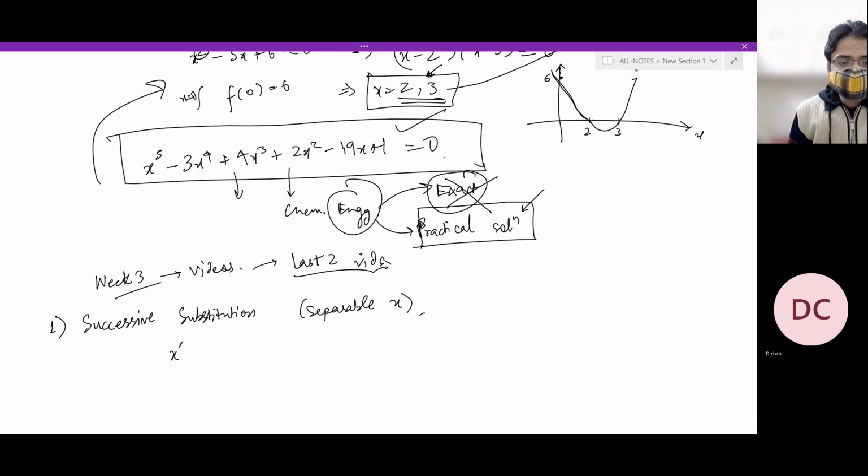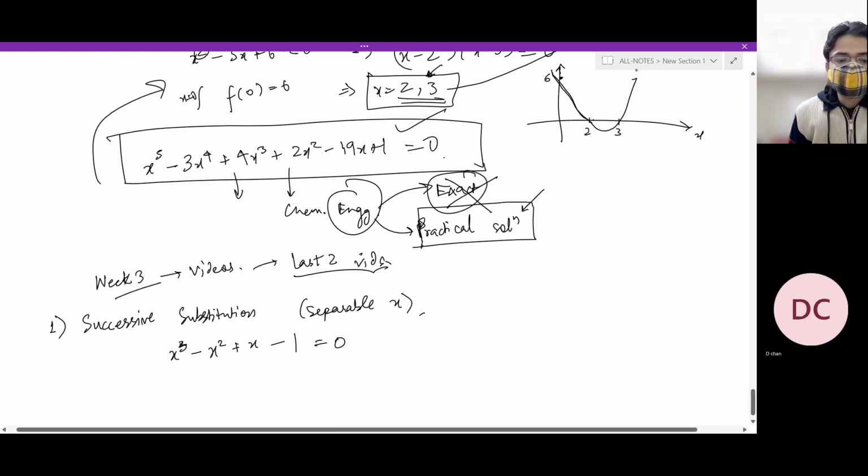x to the power, let's take a cubic equation: x^3 minus x^2 plus x minus 1 equals 0, okay? So why are we taking this type of equation?